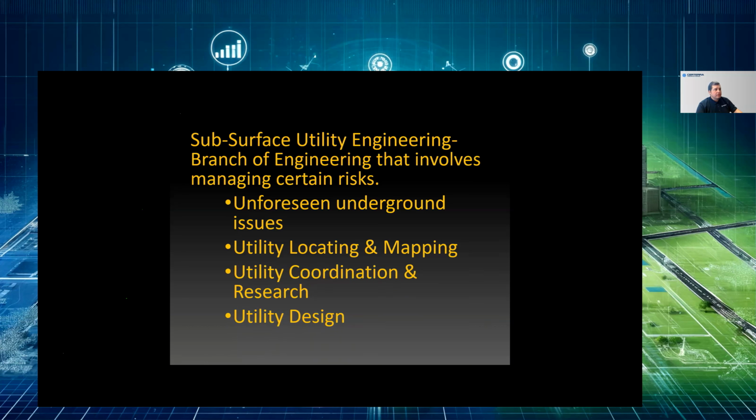There are the unforeseen underground issues, utility locating and mapping, utility coordination and research, and it also involves utility design. To handle these issues and to standardize them, the American Society of Civil Engineers produced and provided the ASCE 38-22 standards.